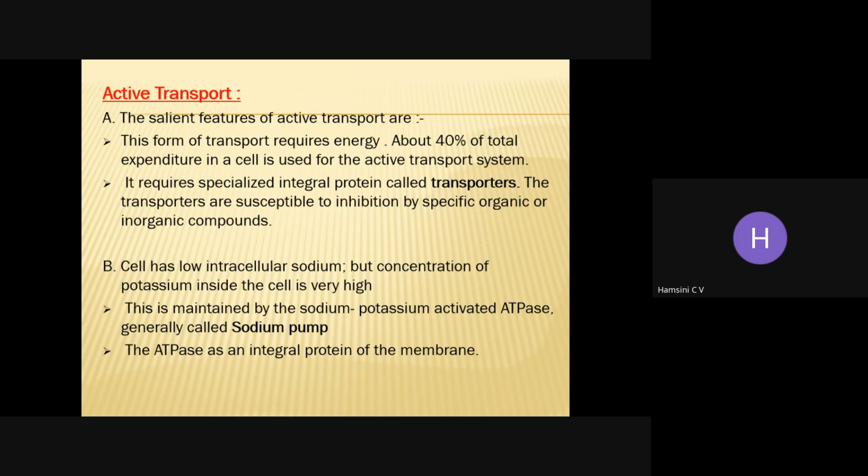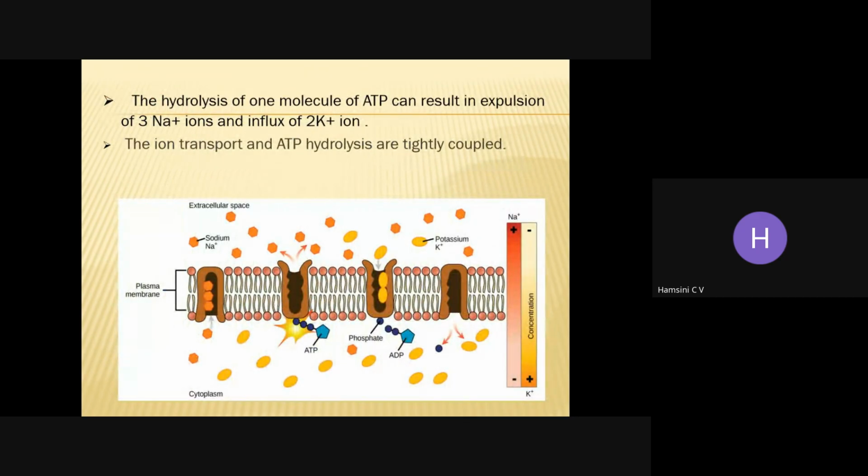So here, active transport means there will be movement of molecules from a region of lower concentration to higher concentration. Usually, the movement takes place from higher concentration to lower concentration. Here in the diagram, the hexagonal structure is sodium.